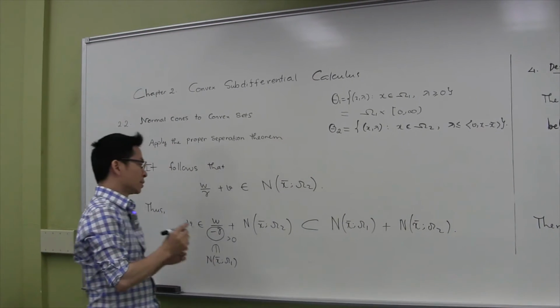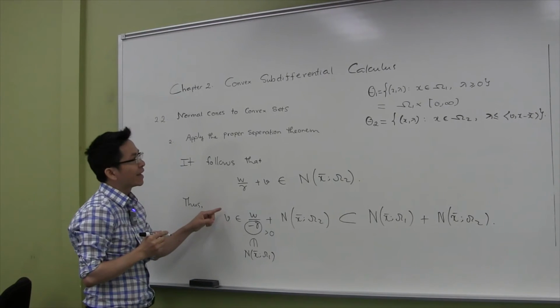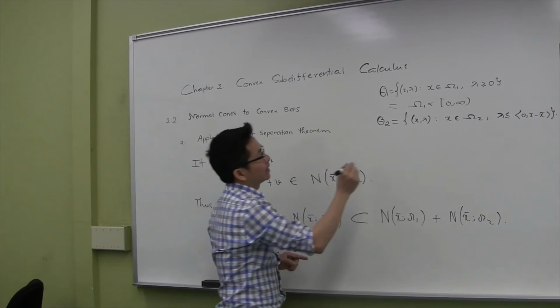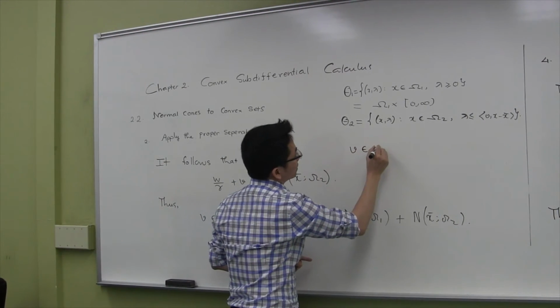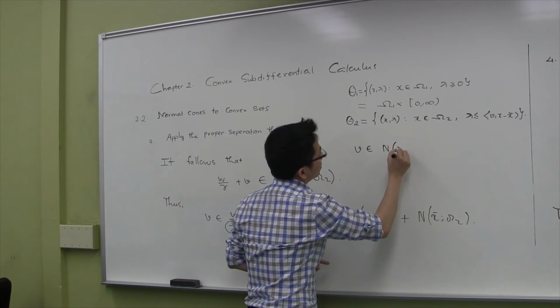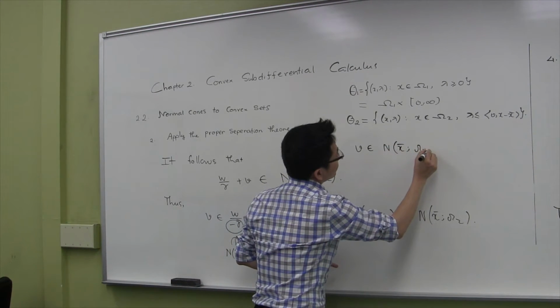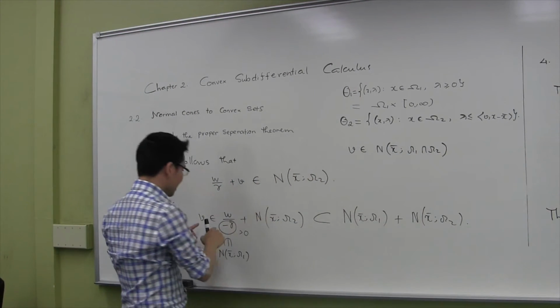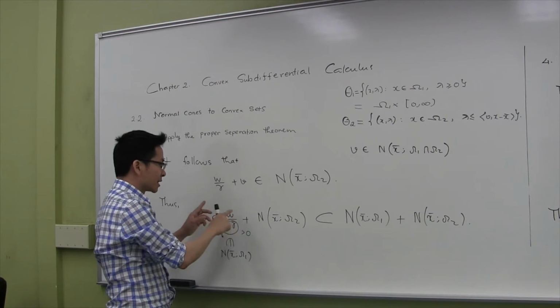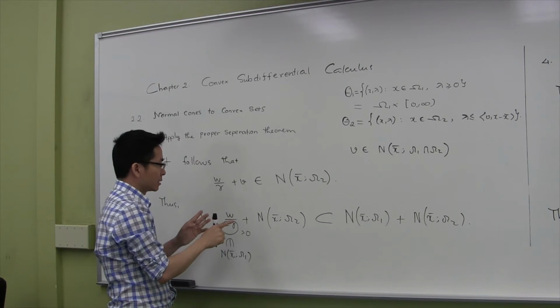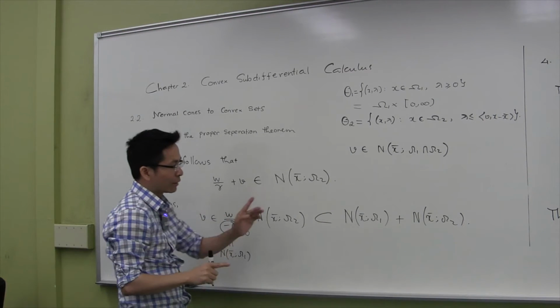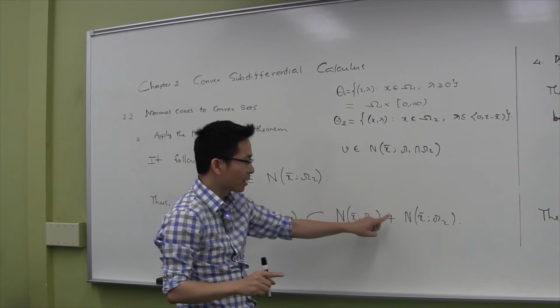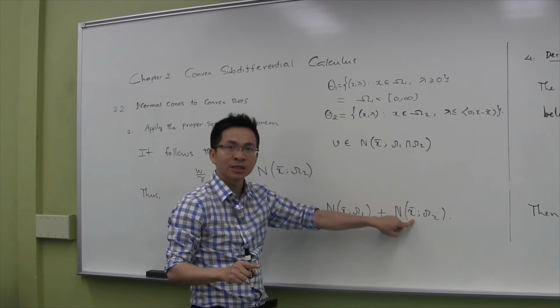Okay, so we have showed that for any v in the normal cone to the intersection of omega 1 and omega 2 at x bar, v can be represented as the sum of two elements, v1 plus v2, where v1 belongs to this normal cone and v2 belongs to this normal cone.